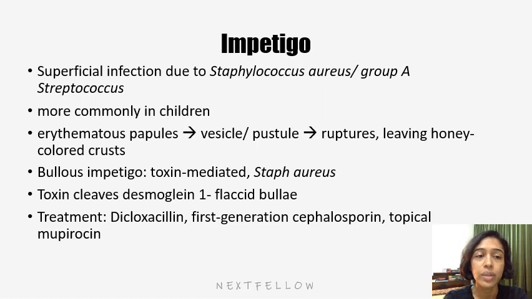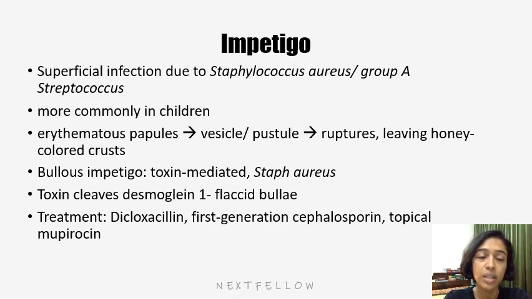So impetigo is a superficial bacterial infection. Causative organism is Staphylococcus aureus or group A streptococci. It's most commonly seen in young children. So you have an erythematous papule which becomes a vesicle or a pustule, and that ruptures, leaving behind the honey-colored crust. In bullous impetigo, it is Staph aureus, which causes a toxin-mediated split in the epidermis.